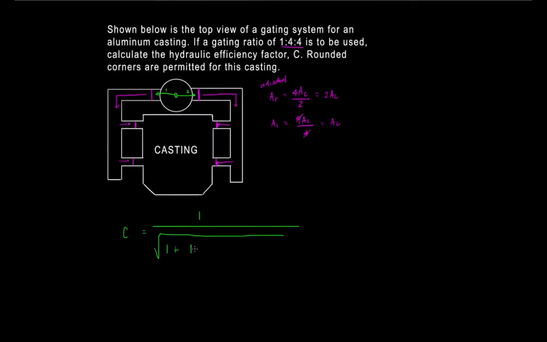So we have 1 times the choke area divided by the runner area. Again, this runner area is equal to 2AC, so the AC cancels out. And we have another change here that is our second change, which has the same value, so that's 1. This is the loss coefficient, 1 multiplied by A over 2A.